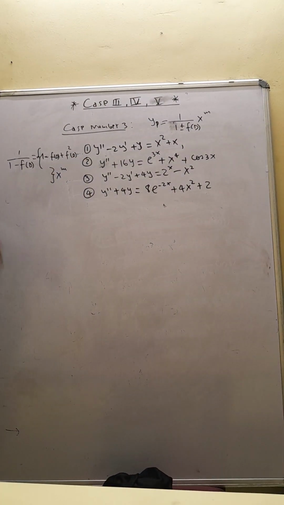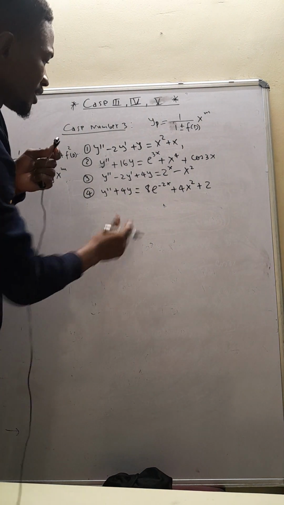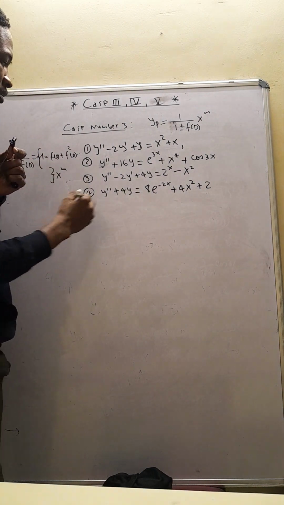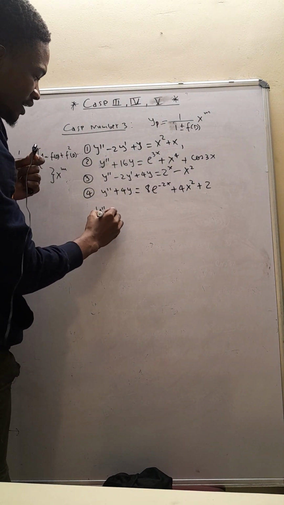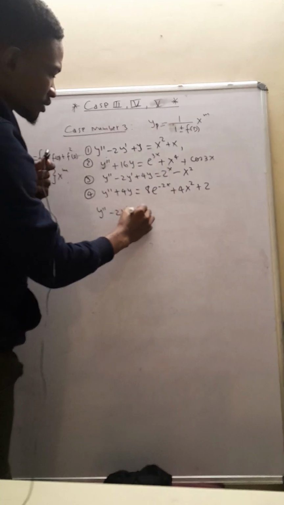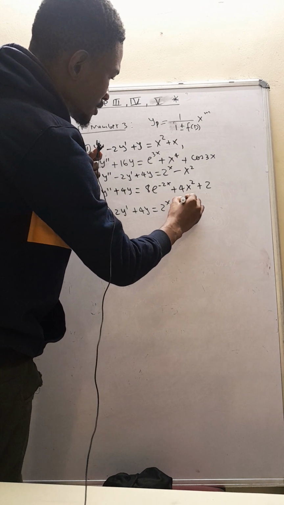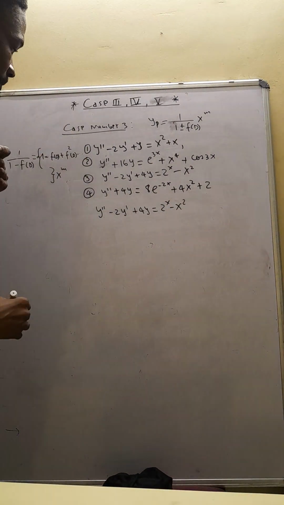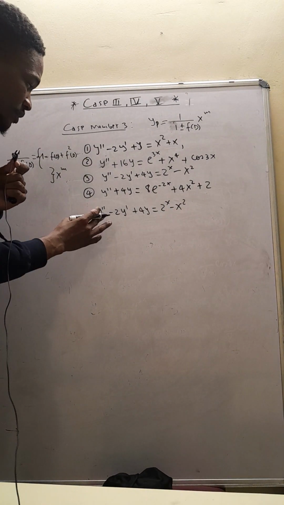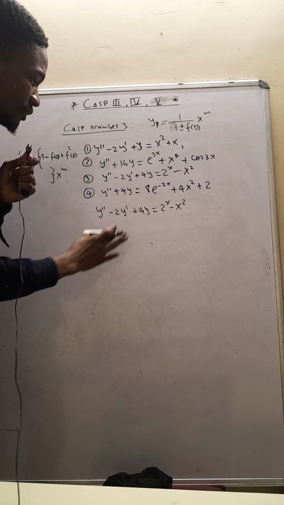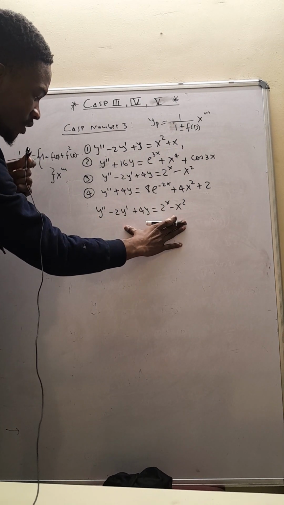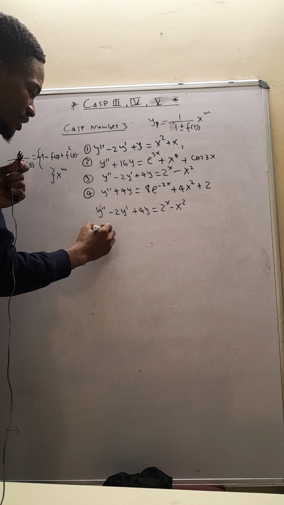So this third exercise, it's more about like you have y double dash minus 2y dash plus 4y is 2 raised to x minus x squared. Now see, here you will get this expression. What you have to do here, just see this well, just transform this, find your yc.